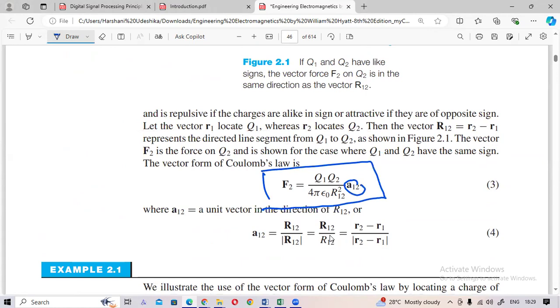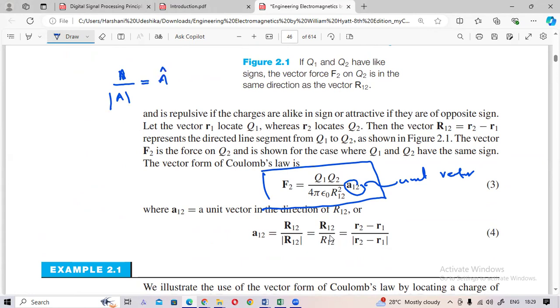So this is a unit vector. Unit vector means, if you take any vector A divided by the magnitude of that vector, that is referred to as a unit vector.